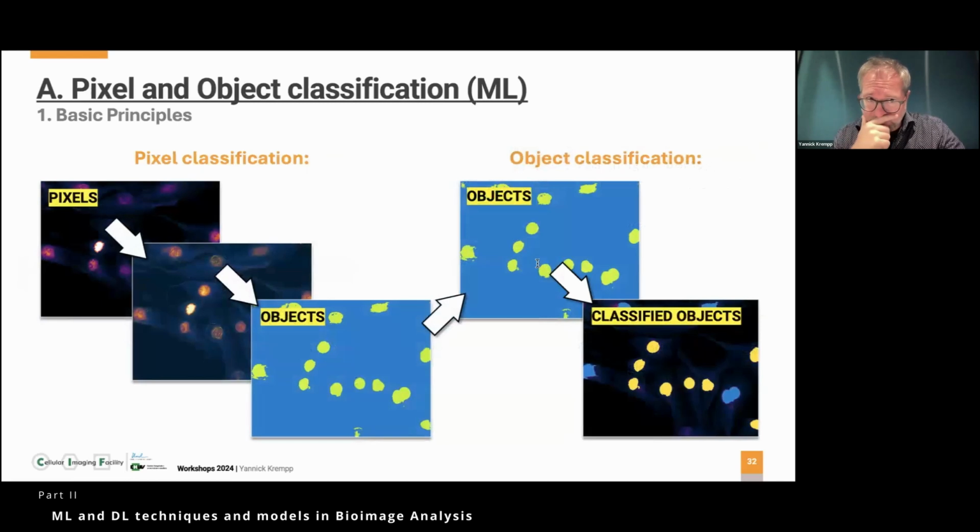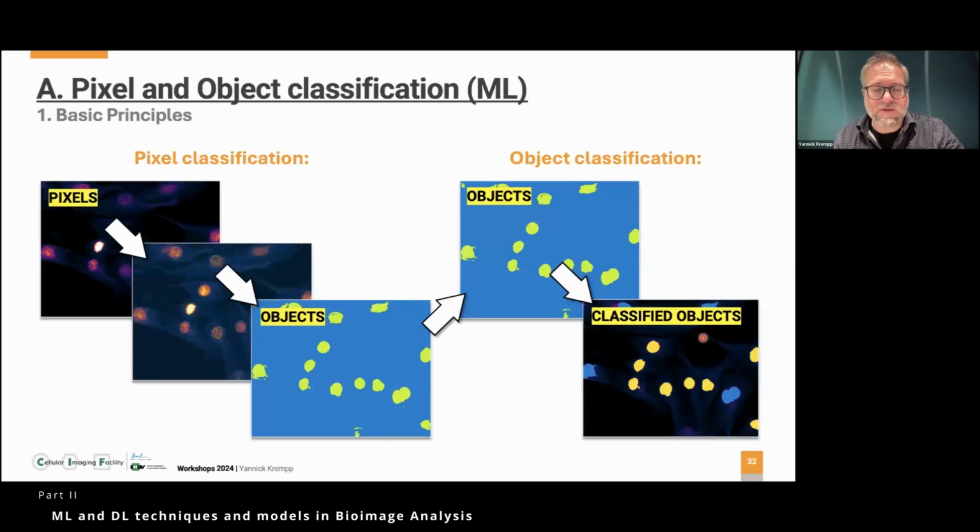So this is a very simple pipeline, where you start from pixels and you turn them into objects, and then you take those objects and you classify them. So it's actually a two-step process to classify objects.